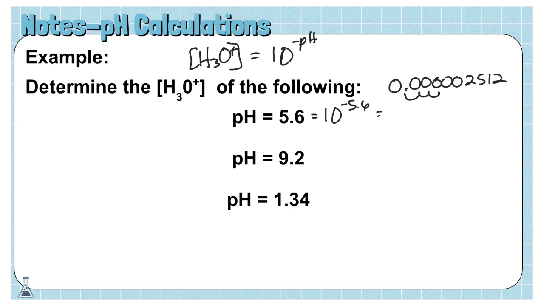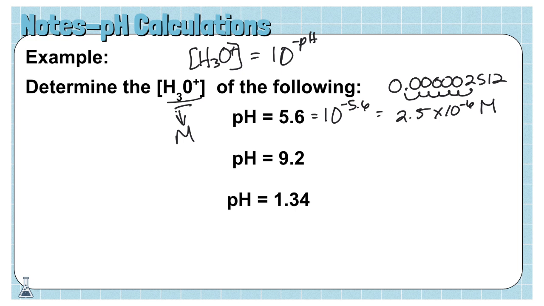You get 1, 2, 3, 4, 5, 6 spots I'm moving my decimal over. So 2.5 I'll round it to, times 10 to the negative 6th. And it's hydronium ion concentration. This has a unit of moles per liter, or molar. So 2.5 times 10 to the negative 6 molar hydronium ion concentration.